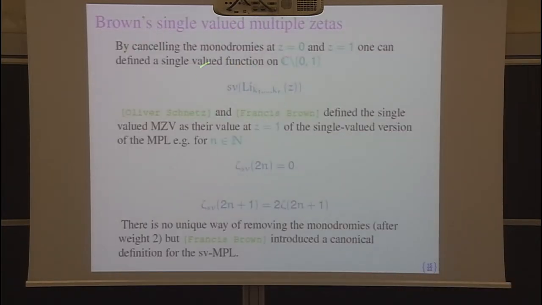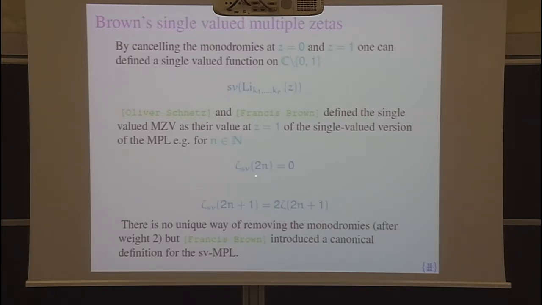This function that has no monodromy, I call it SV, the single-valued version. You can take its value at z equal 1. All the Li2n of z, single-valued, when you evaluate them at 1, give 0.